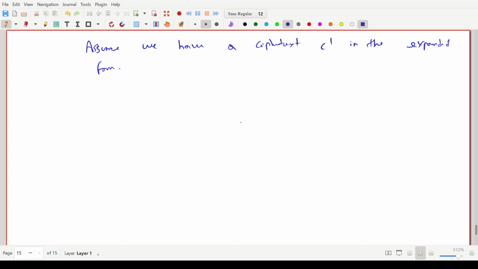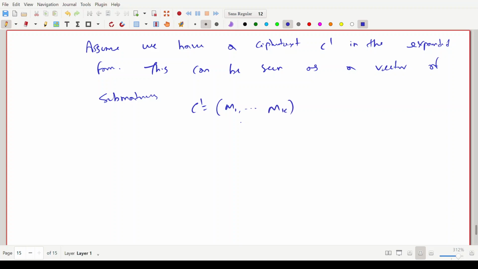Possibly you can say homomorphic computation has been performed on it. This can be seen as a vector of submatrices, C dash, which is having M1 to Mk, where every Mi is a column matrix.